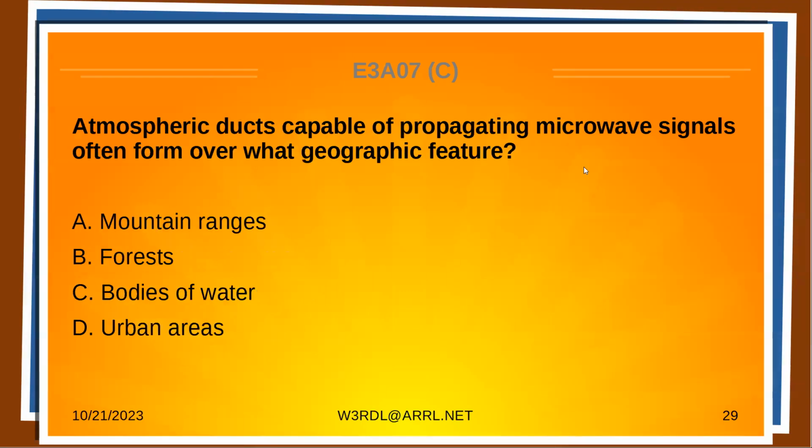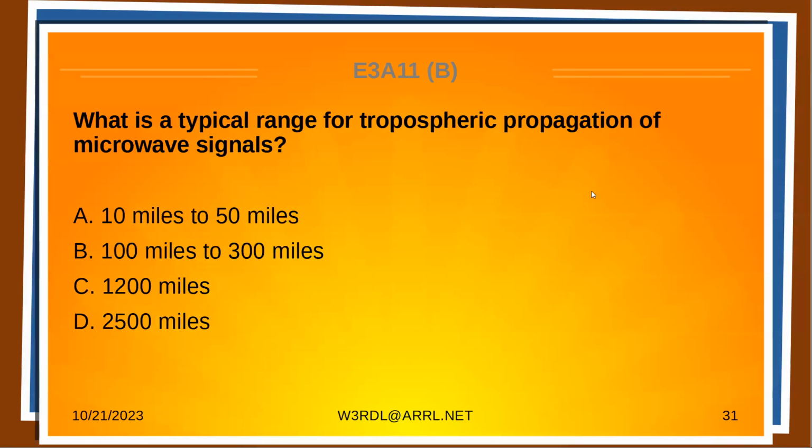Atmospheric ducts capable of propagating microwave signals often form over what geographic feature? Charlie. Does it make any difference whether it's saltwater or freshwater? I have no idea. Probably not. Bravo. It's the humidity that's doing it, right? Yeah. What's the typical range for tropospheric propagation of microwave signals? 1 to 300 miles. Everybody doing Bravo?